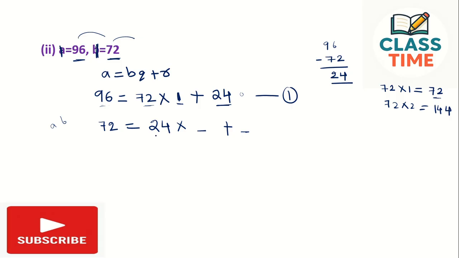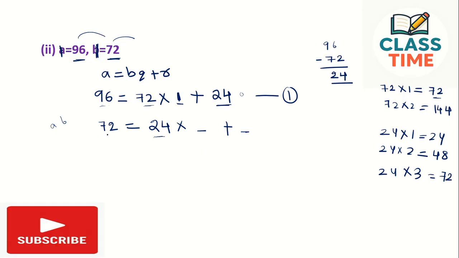Okay. So now which table do we need to consider? 24. Take the 24 table. 24 ones are 24. Next is 24 into 2, 48. Next is 24 into 3, 72.